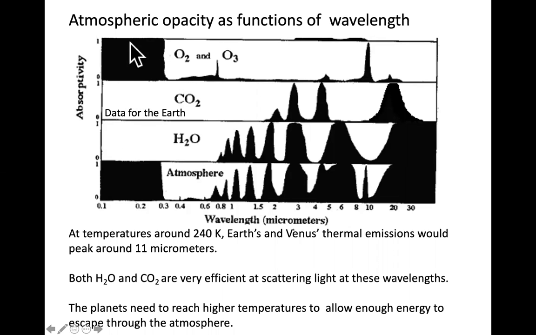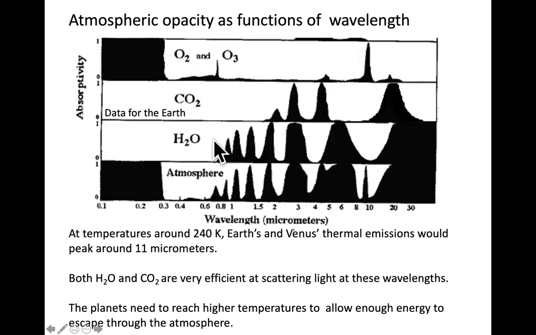And this is a plot of how much is absorbed as a function of wavelength. Over here we have the visible, over here we have the infrared. Things like oxygen don't interact very well at most wavelengths. So the atmosphere is pretty transparent to visible light and pretty transparent to infrared light.